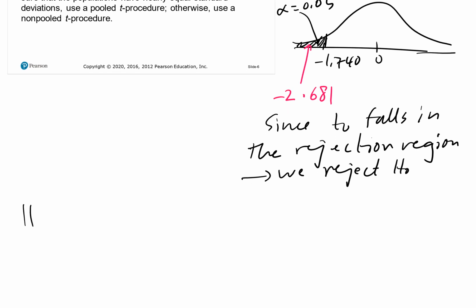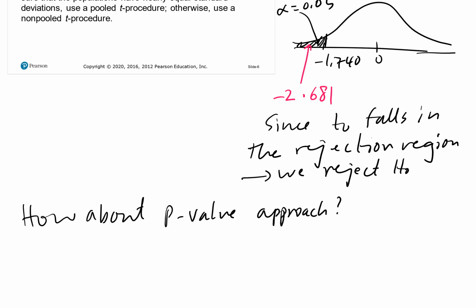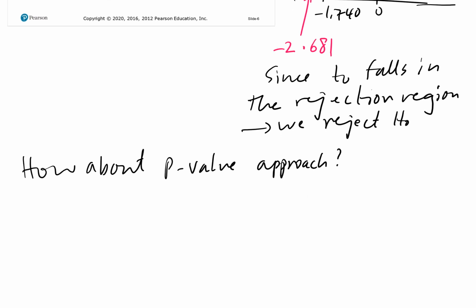How about the p-value approach? I'm going to show how the p-value approach works. How do we find the p-value? We already found t sub 0, negative 2.681, and they give us alpha 0.05.